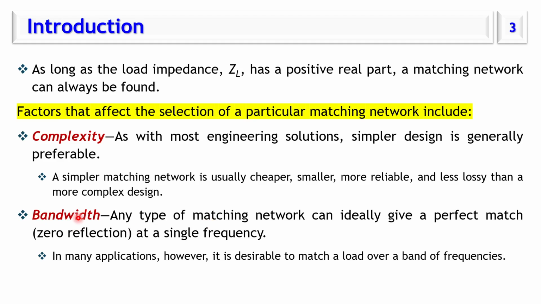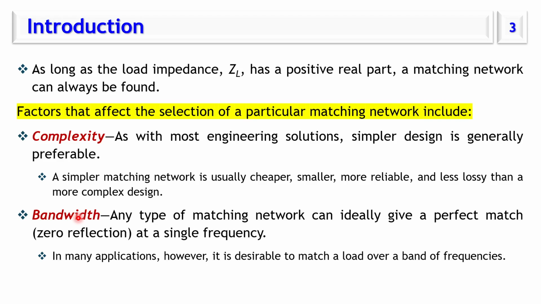Bandwidth. In general, when you are using microwave networks or circuits, we send signals or receive signals or process something, and a signal means there is a bandwidth, and when our signal is working with certain bandwidths, we need the matching also to be working across this bandwidth.